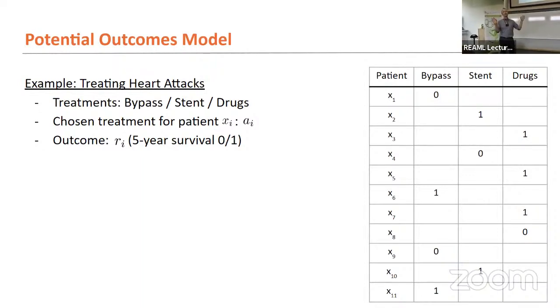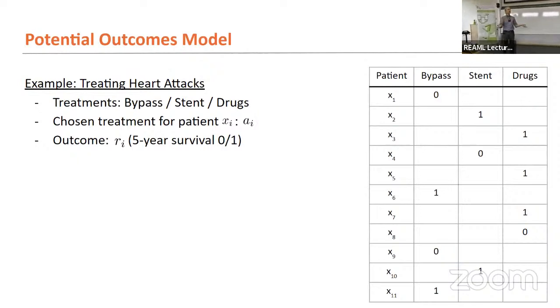So let's say there's three treatments. There's bypass, you can do stents, or you can just do drugs. You can think about it as a controlled randomized trial where doctors have decided, according to some policy pi, that patient X1 should get the bypass surgery.